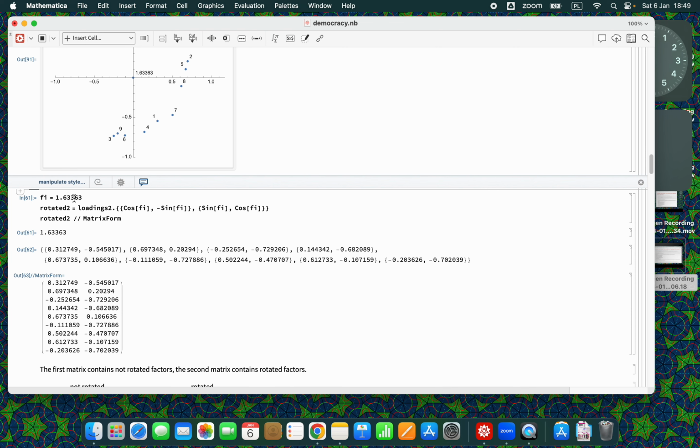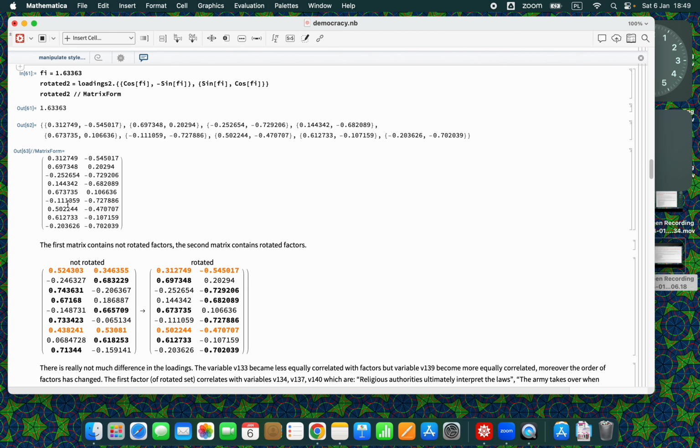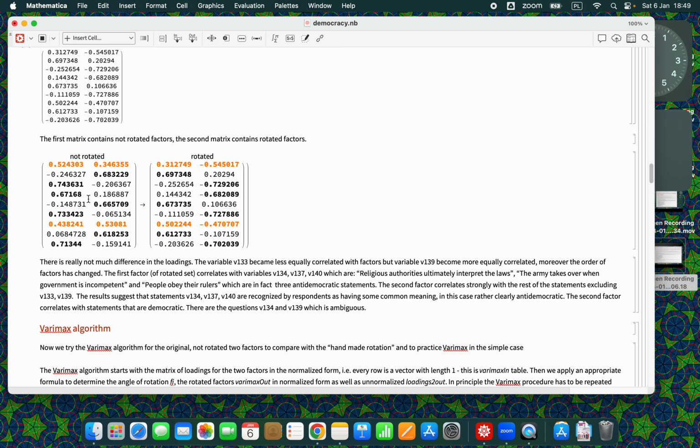So our angle phi is 1.63, and we have rotated factors, and here for comparison, not rotated factors and rotated factors, and we see that there is a problem because this rotation didn't help a lot.